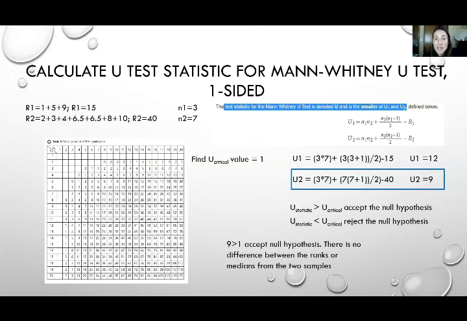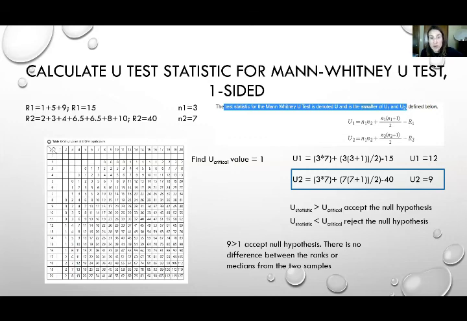For U1, and they follow the same format just for each group, you would multiply the number of observations in group 1 times the number of observations in group 2, and add that to the number of observations in group 1 times the number of observations in group 1 plus 1, divided by 2, and then subtract the ranking of group 1.